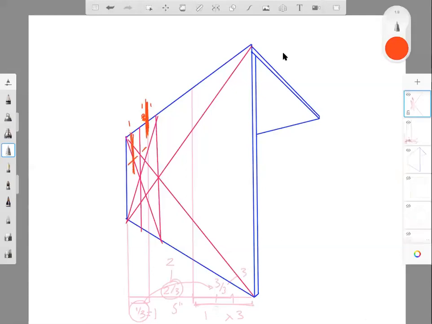Okay. I think what would be, if we did, let me see. Okay, so this is basically like a third and a third on the height.